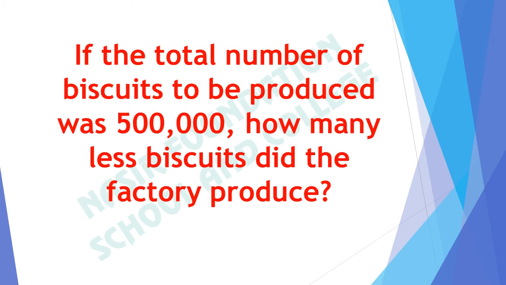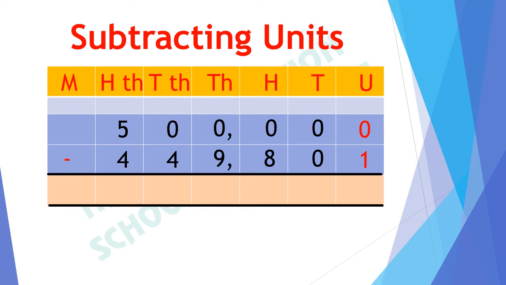Now we will find, if the total number of biscuits to be produced was 500,000, how many less biscuits did the factory produce? As factory has to produce 500,000 biscuits, but it produced 449,801 biscuits. Now we will subtract this number from 500,000. We start from units.